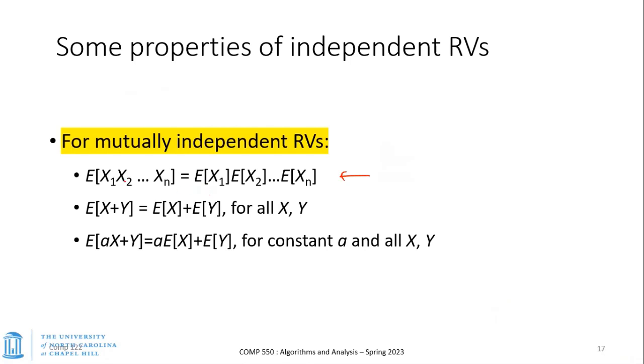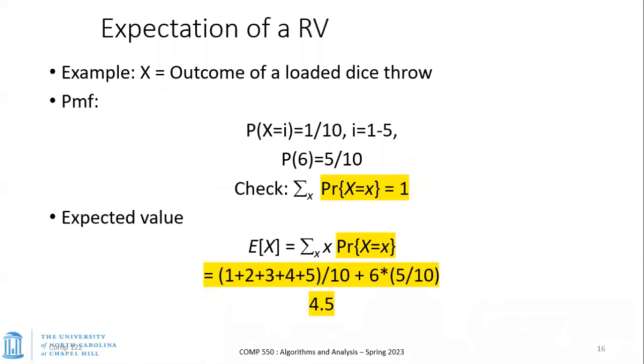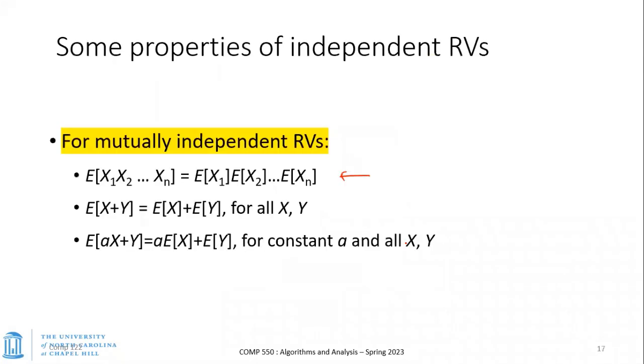The expected value can be calculated from the following equation. So you keep on using this equation, and if you spend a few minutes, you can prove this. I'm not going to do it over here because it'll take some time, but you can prove all of these directly from that equation.